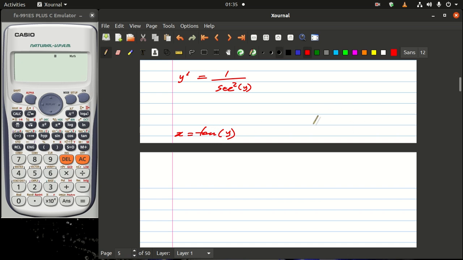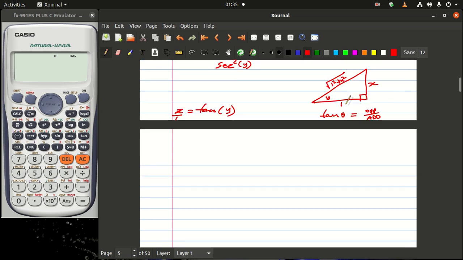So if I have a right angled triangle, tan of theta is the same as opposite over adjacent. The angle is actually y in this case. So the adjacent is 1, and the opposite is x. What is going to be that side? Of course, it's going to be the square root of 1 squared plus x squared, using Pythagoras theorem. That is what is happening.